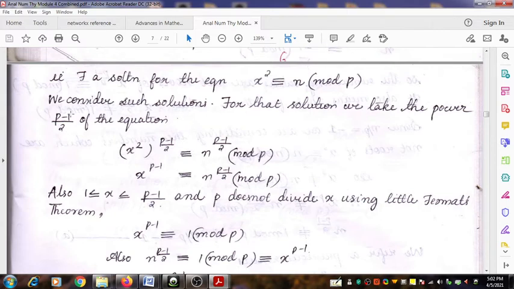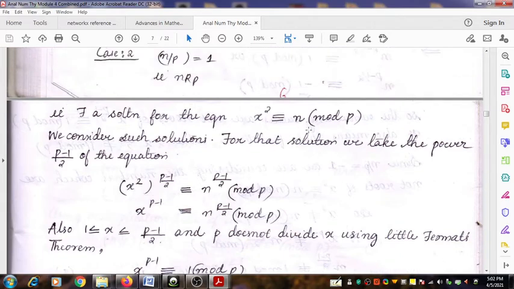Then for that solution, we take the power. For such values of n, there exists some set of values for which this equation has a solution.